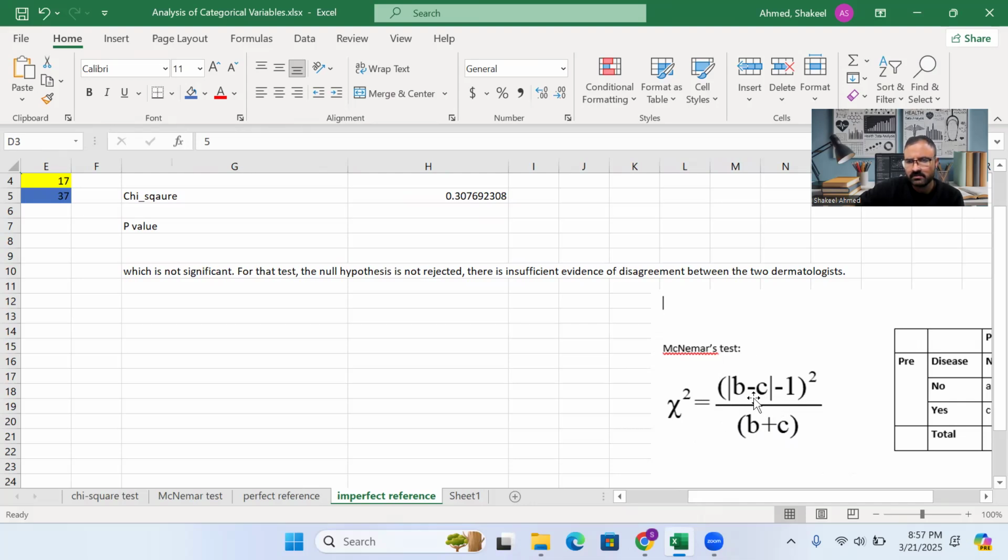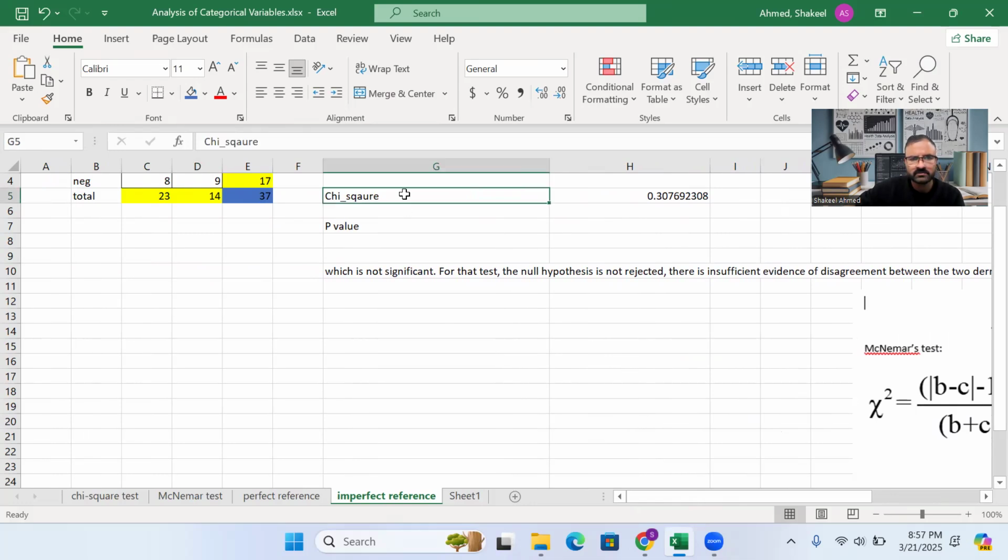Basically, we are converting a categorical variable to a continuous variable. Chi-square is a continuous distribution, so we adjust for the continuity correction. That is, we subtract 0.5 from this and subtract 0.5 from this, so it will become 1.